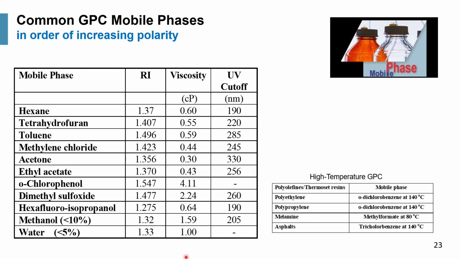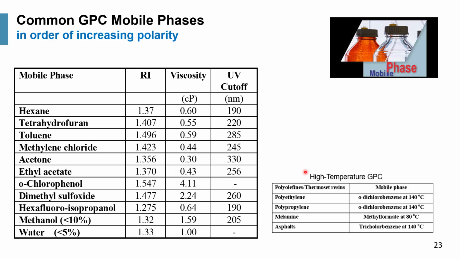Common GPC mobile phase solvents are shown here in order of increasing polarity. From hexane, we mentioned toluene and THF being very common, and some of the other ones. I mentioned that for polyolefin, such as polyethylene and polypropylene, one is required to use high temperature GPC.